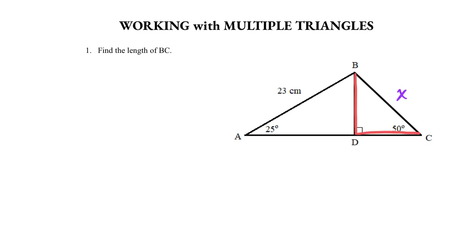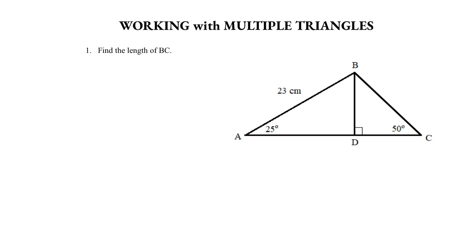Triangle BDC, which is a right triangle, but also triangle ABC, which is not. And so my first act then is I really want to see, can I find it just on triangle BDC?